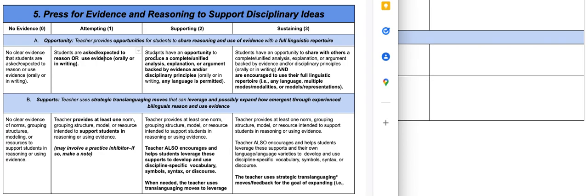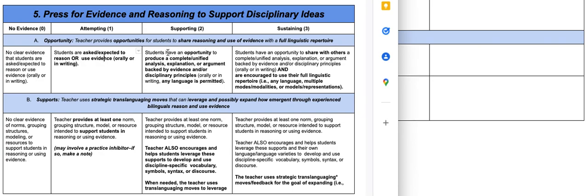To get to a level 2, we would need to see students having an opportunity to produce a complete or unified analysis, explanation, or argument backed by evidence and or disciplinary principles, orally or in writing, where any language is permitted. So we're starting to get a little bit more complex here.